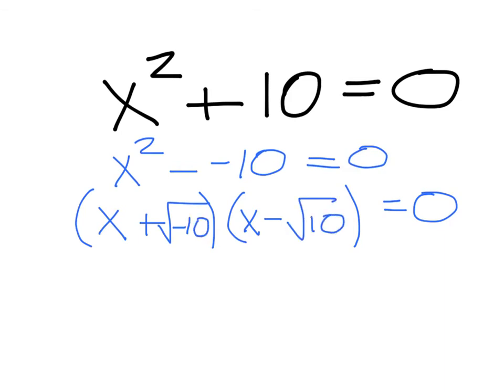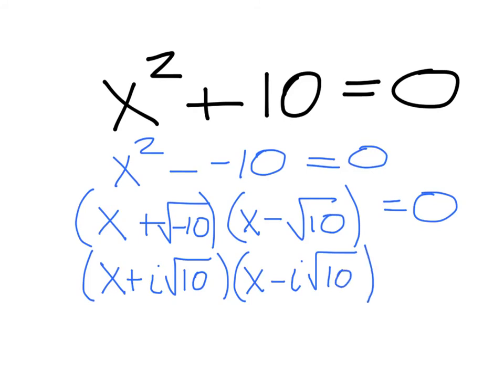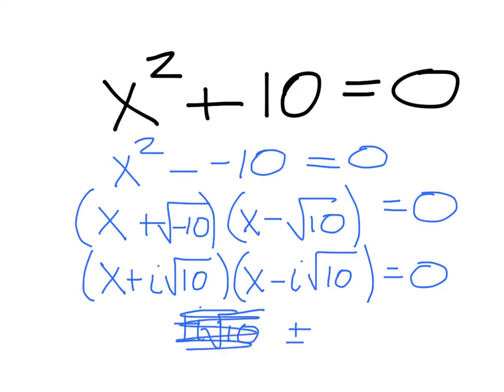But the only thing you can do to simplify that is take out the i. So you have i square root of 10 in both of them. And your final answer would be plus or minus i square root of 10. There we go.